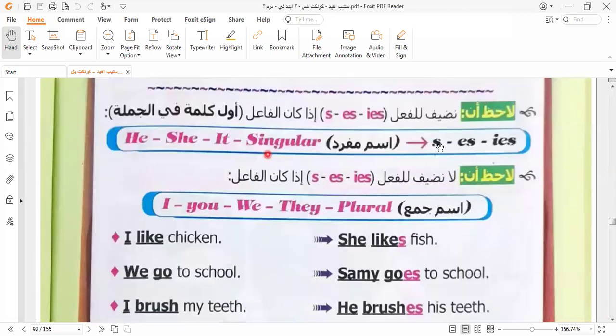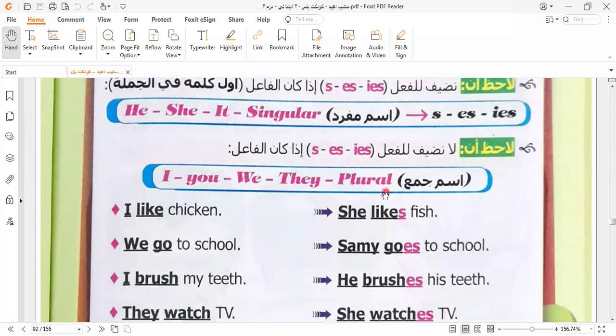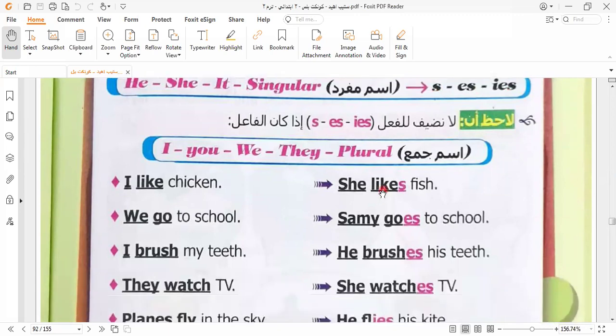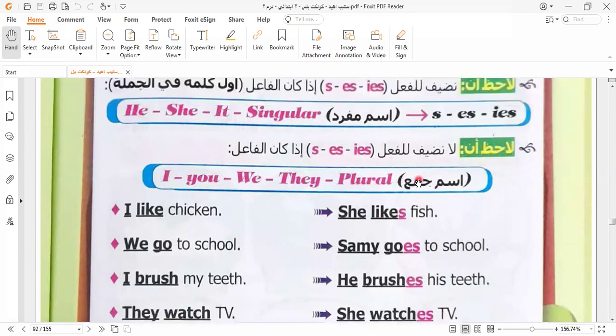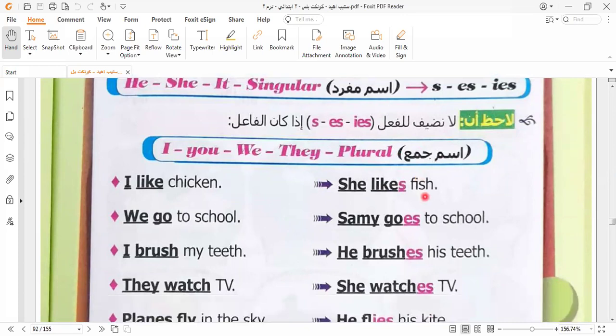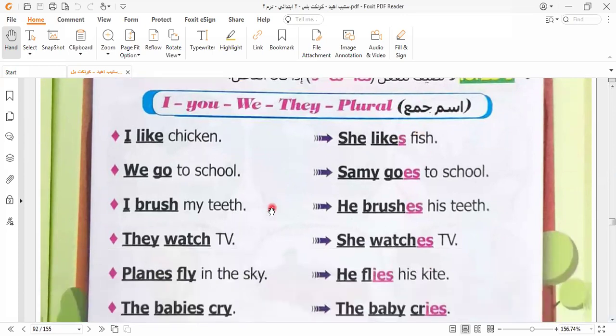We have here singular: we add s to the singular verb, like s, es, ies. The plural verb doesn't take s. If we have I, you, we, they, plural, no s. So the singular takes s, plural doesn't, as we told before. Here we have I like, she likes, so I add s.